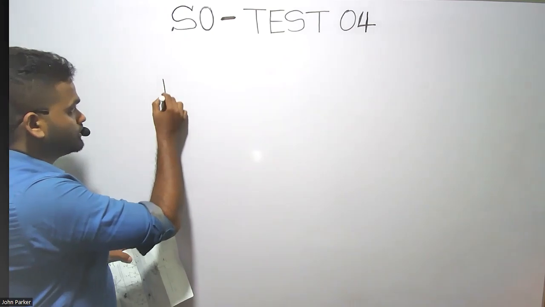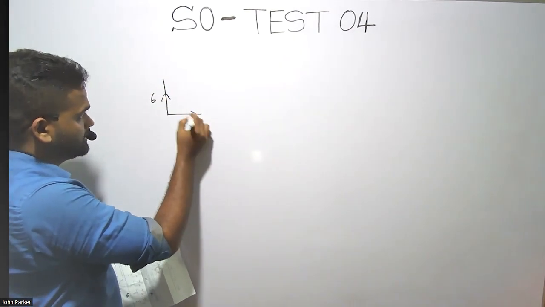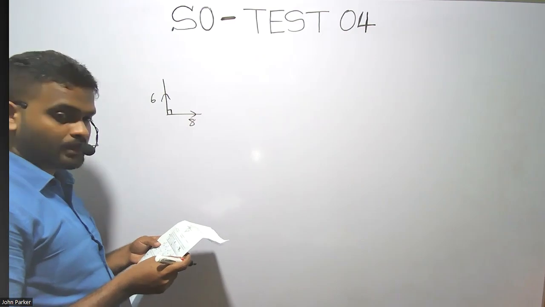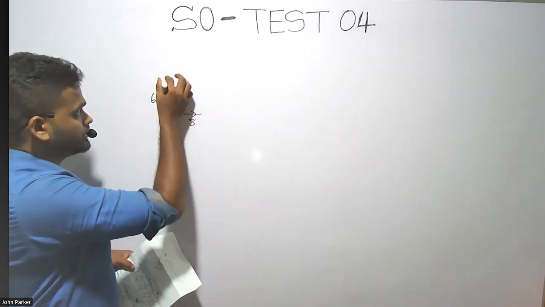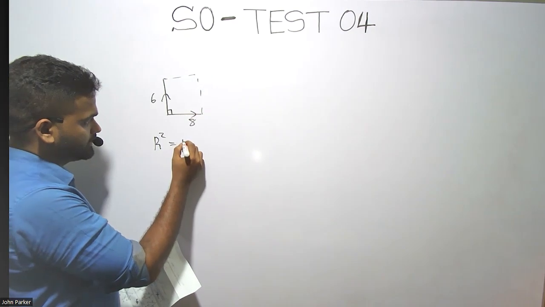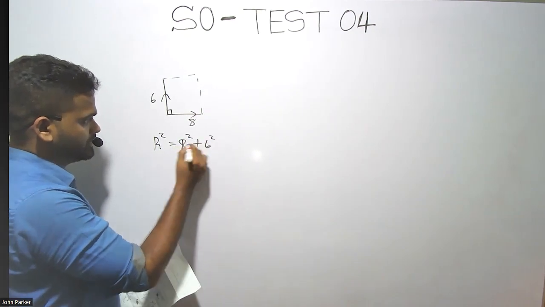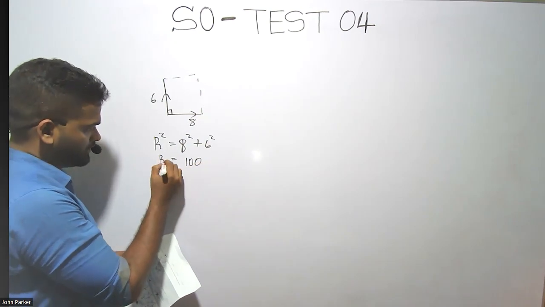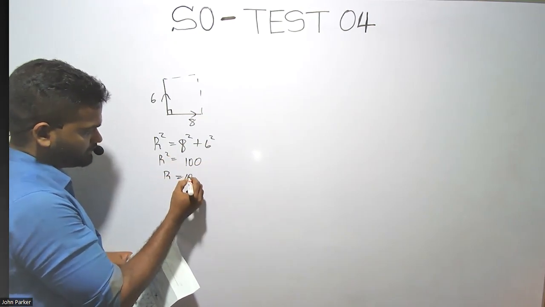So when you have 6 and 8 with 90 degree inclination, what should be the resultant? You can simply apply Pythagoras and find that out. 64, 36, 100. So the resultant is 10.